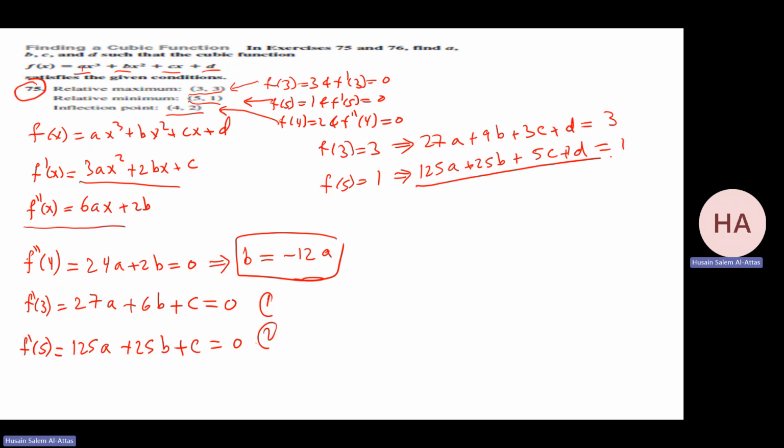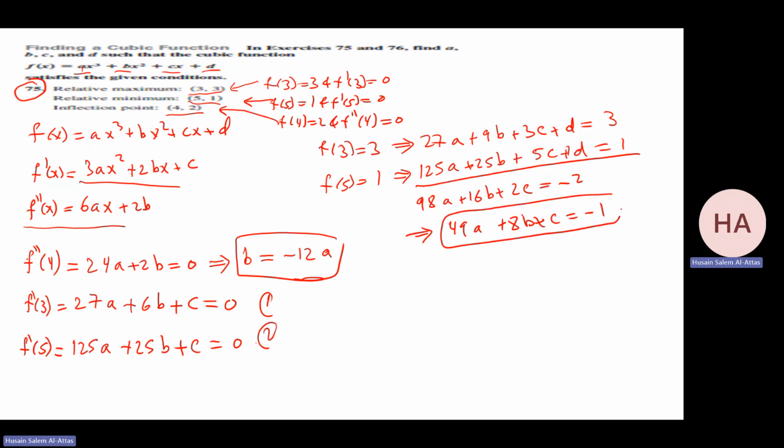Subtract these two, yeah, that will give me a good one. I get 98a plus 16b plus 2c equal minus 2. In other words, 49a plus 8b plus c equal minus 1. This is another equation.